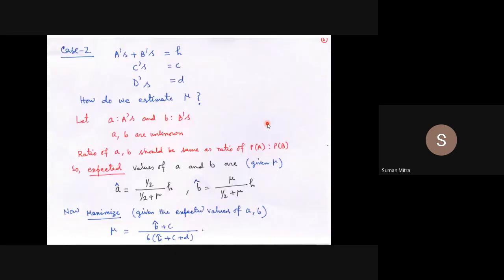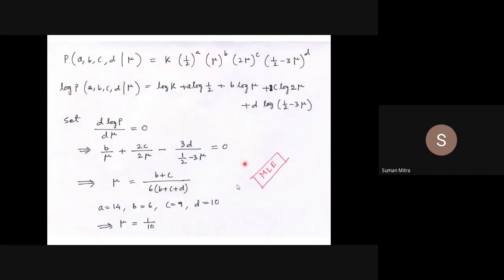Suppose what we said is that this is the data, mu equal to 1 by 10. Suppose instead of this data, I say that A plus B is 20, C is 9, D is 10. And suppose you say, let me take mu equal to 0.2.